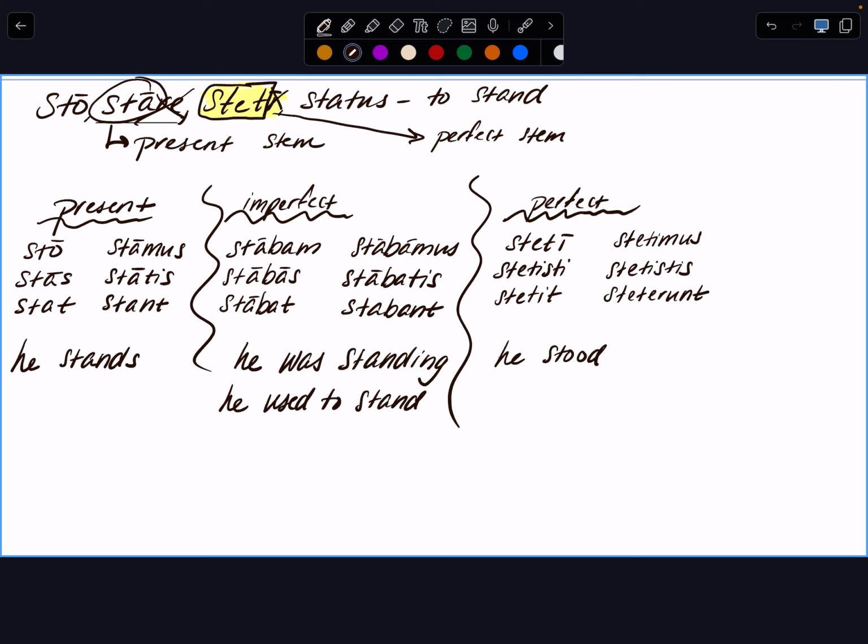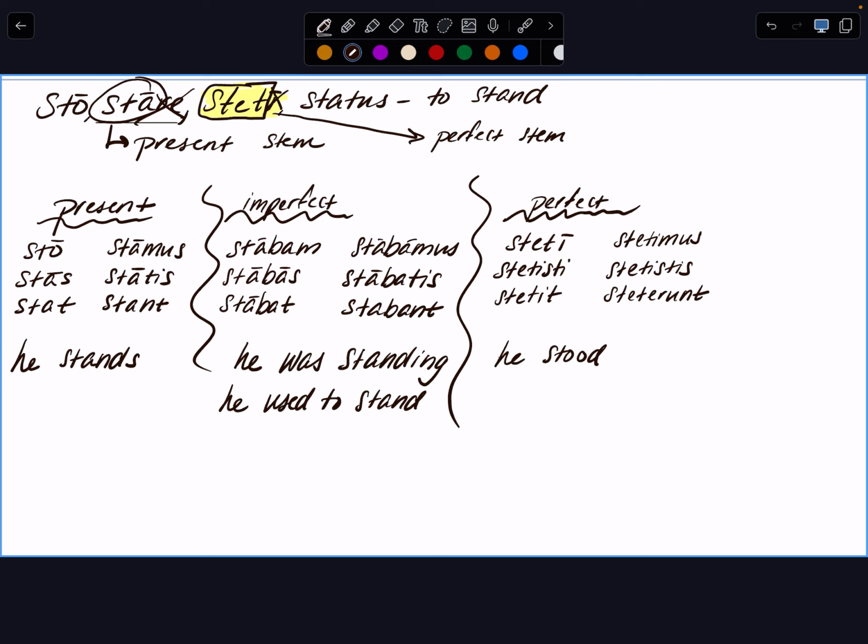Now think conceptually about the difference between those two things. He was standing. He could still be standing. We don't actually know. But if I say he stood, how final does that sound? At least a little more final than the imperfect. So that's the difference between the perfect and the imperfect.